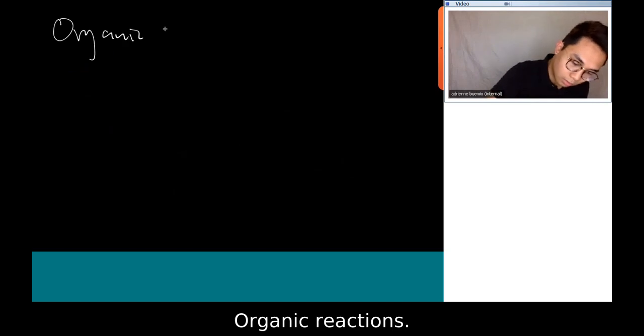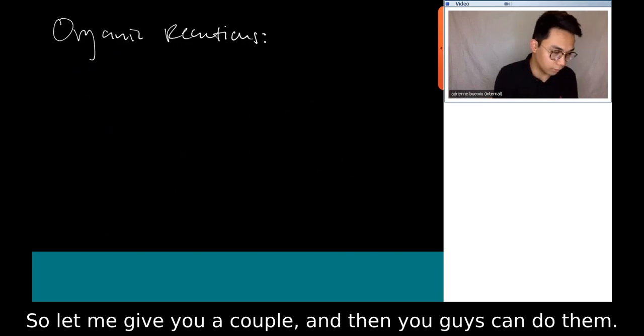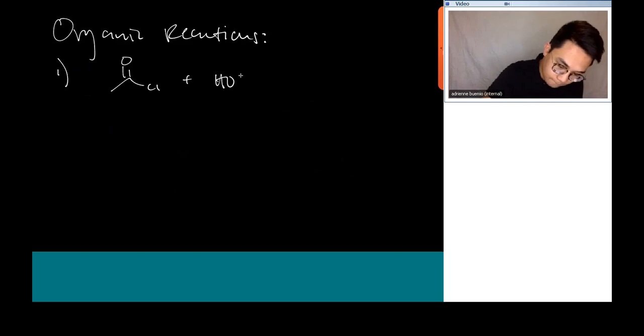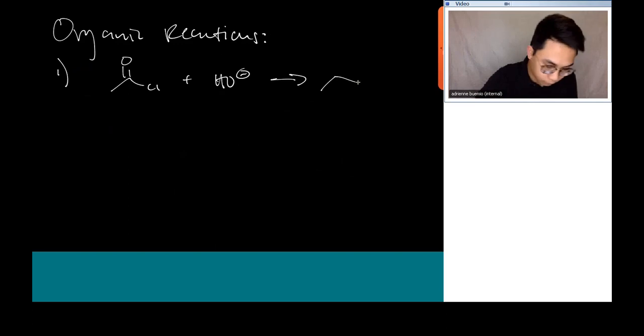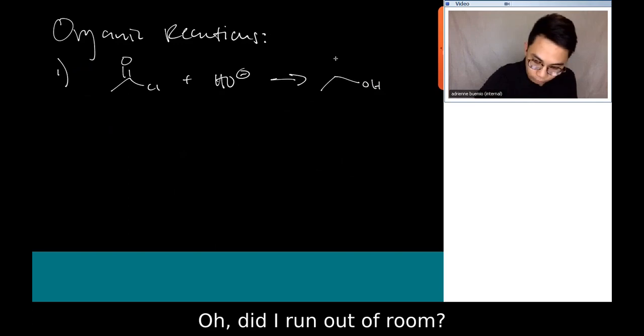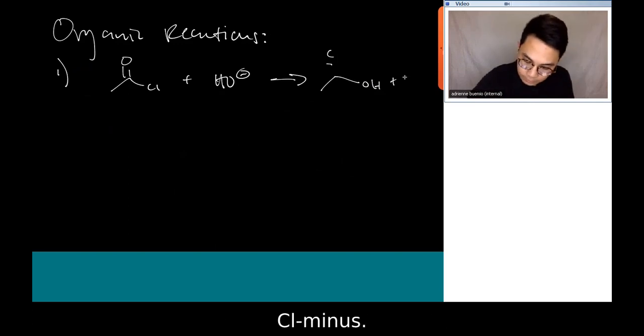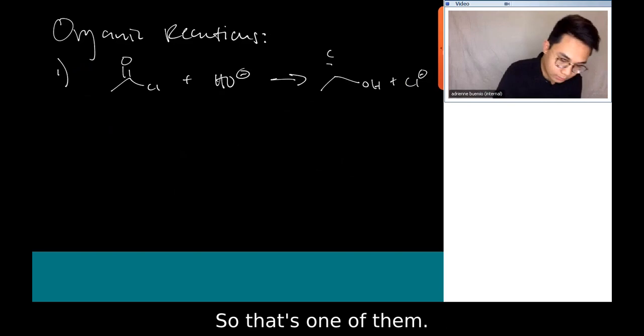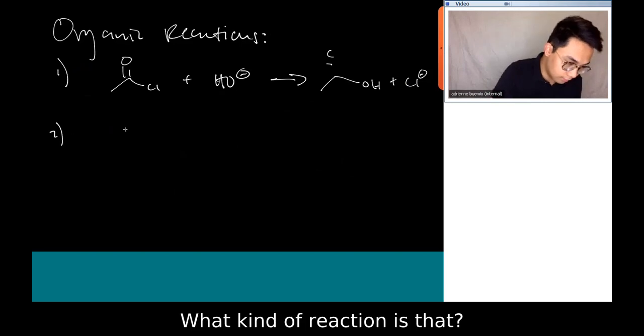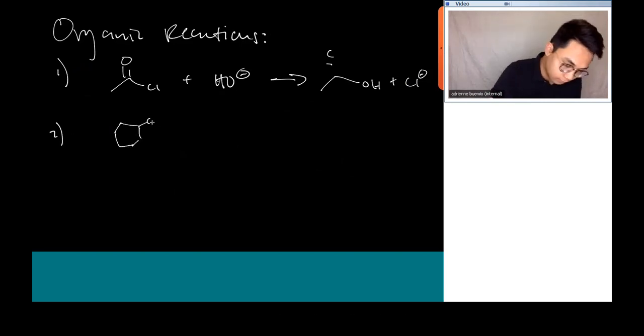Organic reactions. Okay, so let me give you a couple and then you guys can do them. Okay, Cl minus. So that's one of them. What kind of reaction is that? Do this one.